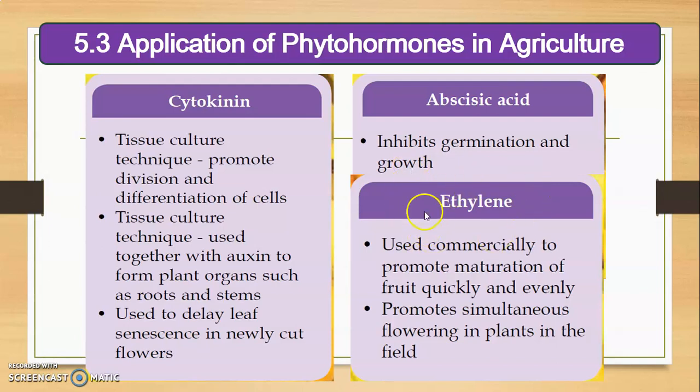Okay, for ethylene, it is used commercially to promote maturation of fruit quickly and evenly, and also to promote simultaneous flowering in plants in the field, right? So ethylene is always used in our agriculture because it promotes faster ripening of fruit, and it also promotes ripening simultaneously in all plants in the field.